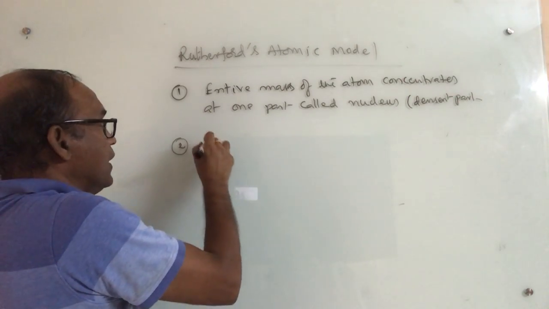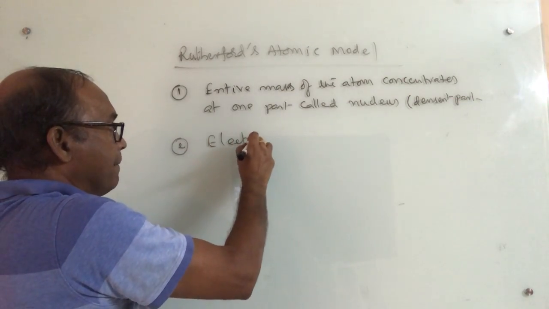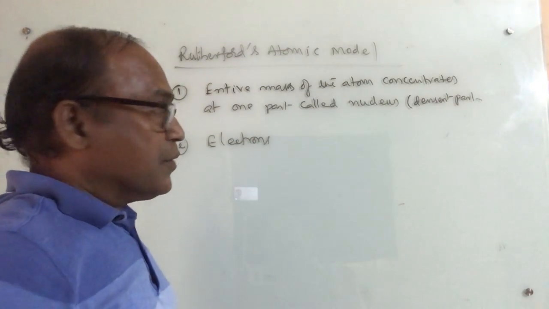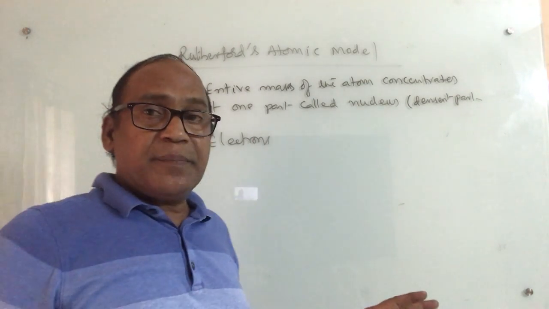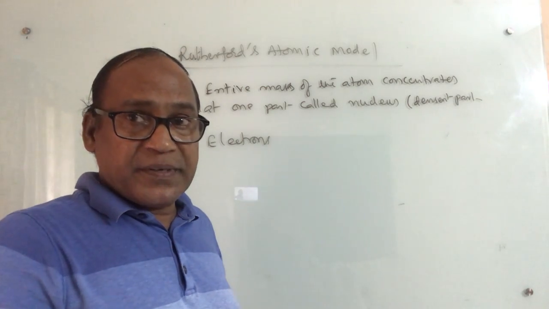Two, electrons. The revolving nature of electrons he mentioned has nothing to do with the experimental observation.